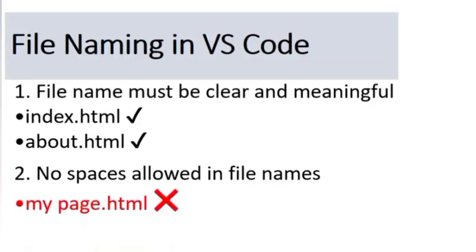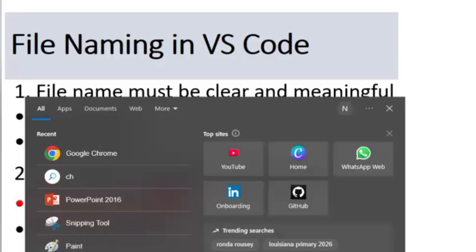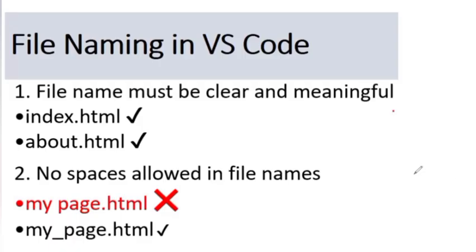For example, mypage.html. So you cannot keep spaces in between. Instead, you can use an underscore like this. Or you can make the second word's first letter capital like this, myPage.html.